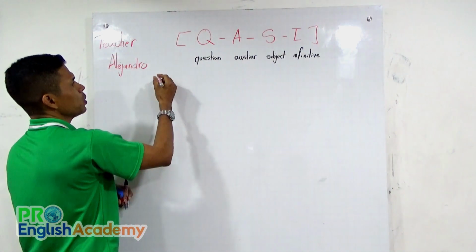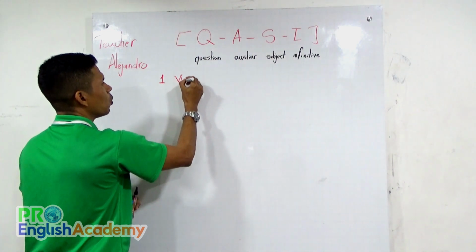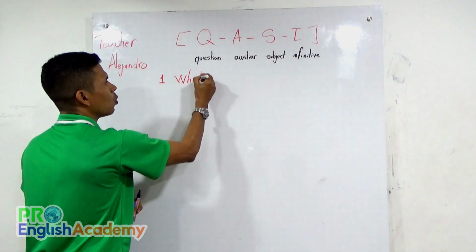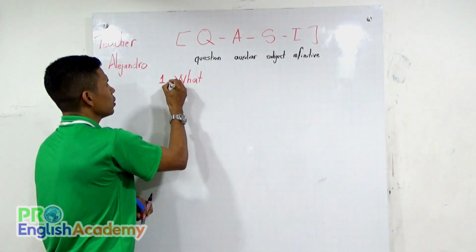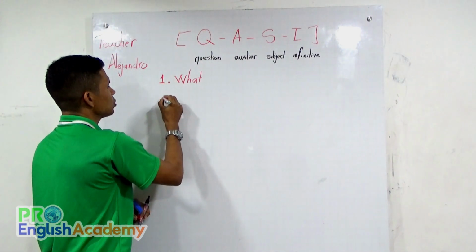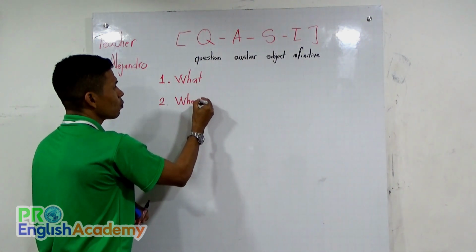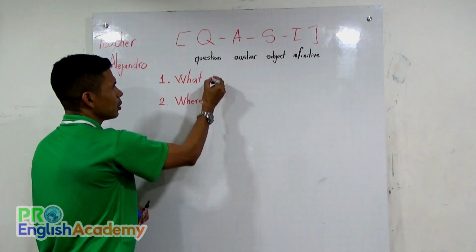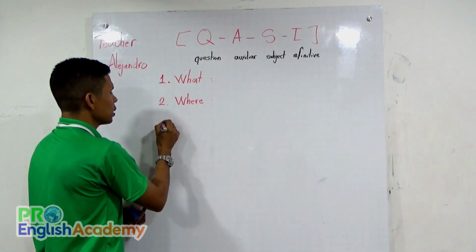So first, let's put here number one. What is it? Yeah, what? Let's put here number two. So number two, let's say where? Yeah, what? Where? Let's look at number three.